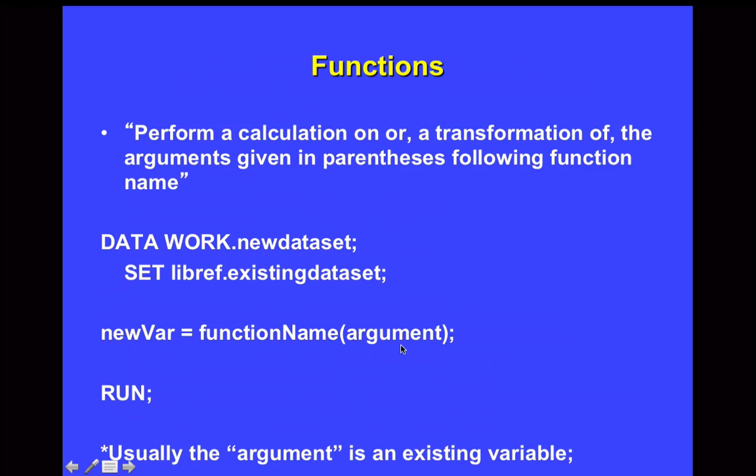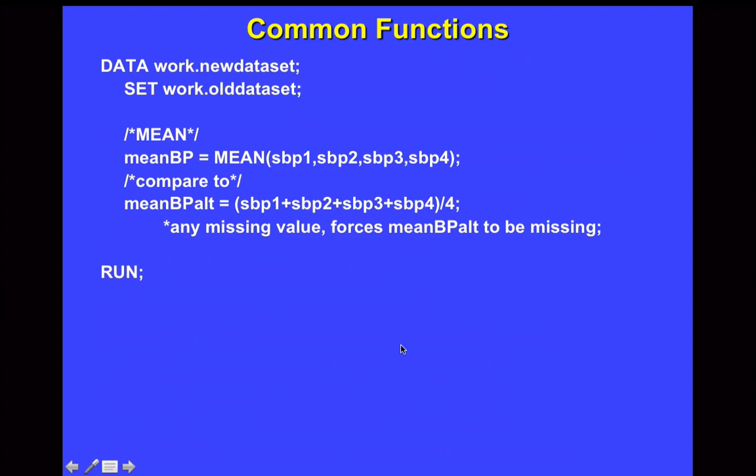Each function has slightly different approaches to specifying the arguments, which is why it's important to read the SAS help for any particular function you want to use. But I'll give a few examples of some commonly used functions here. In this example, within the body of our data step, you can use the mean function to create mean blood pressure.